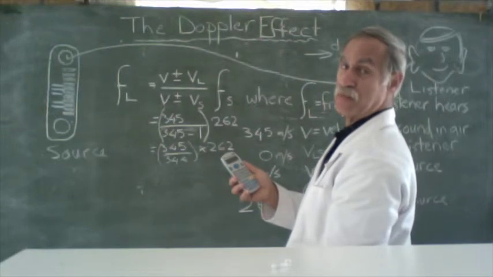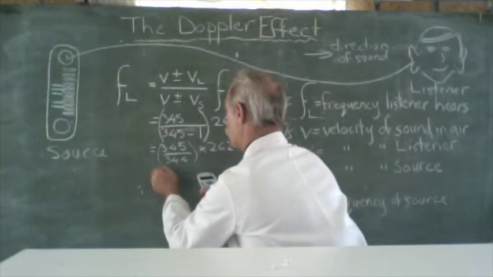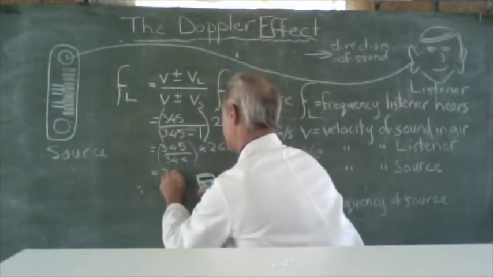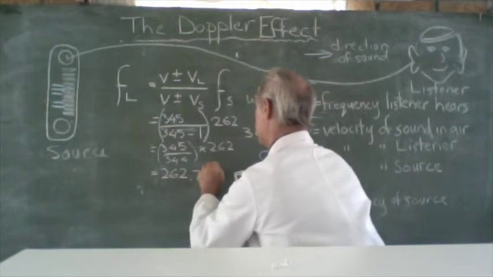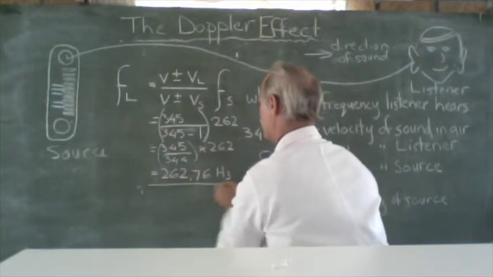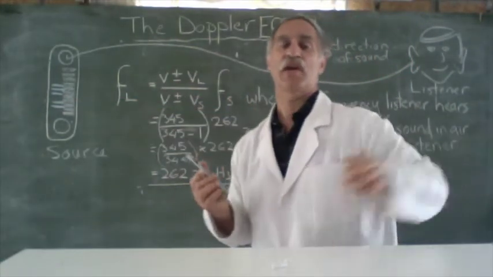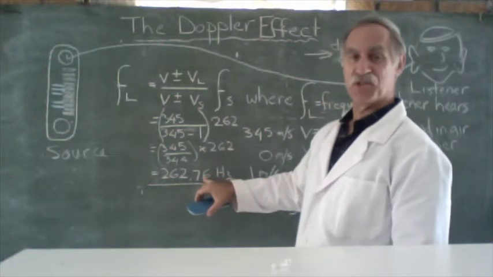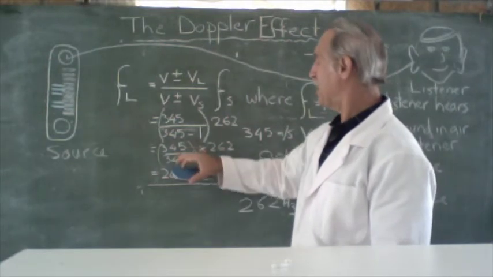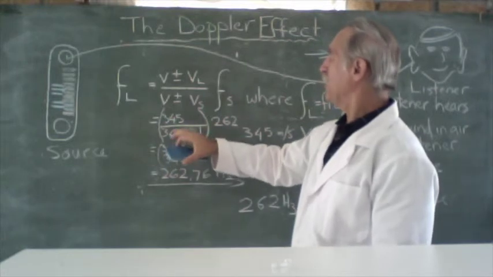So it's raised it by just under 1 hertz. So that's going to be equal to 262.76 hertz. And so we see that when the organ is moving towards our camera, it raises it by approximately 3/4 of a hertz.